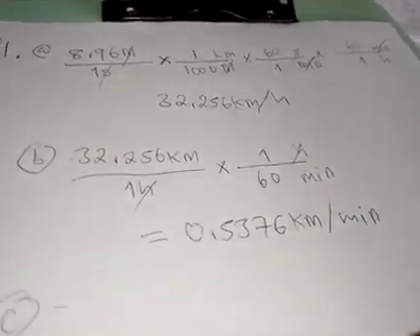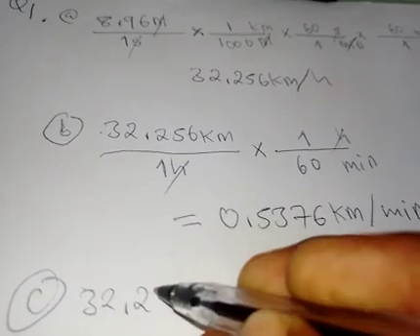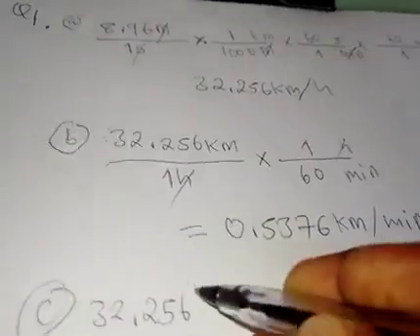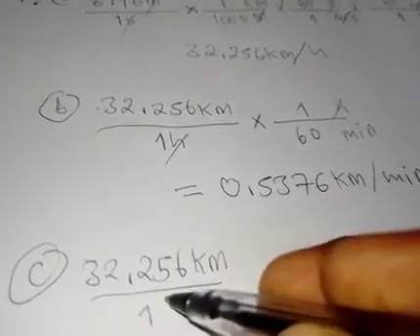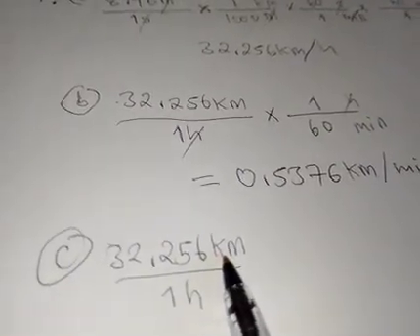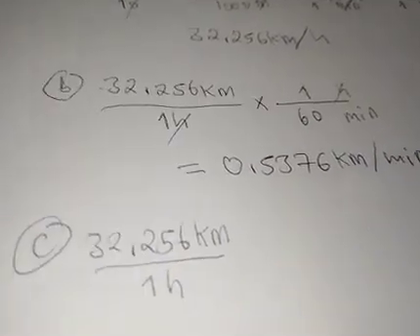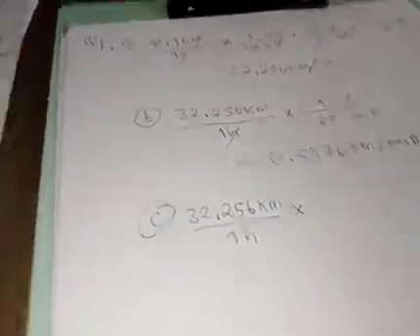I know there is already hour there. So I'll say 32.256 kilometers over 1 hour. I already have hours, so my aim is to convert kilometers into miles. So we'll multiply by, let's get back to the conversion factor.